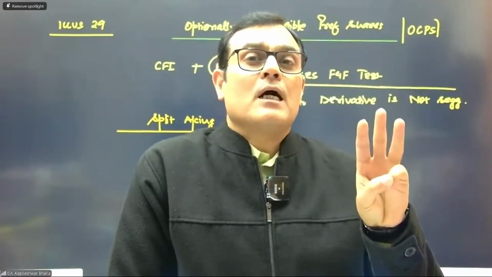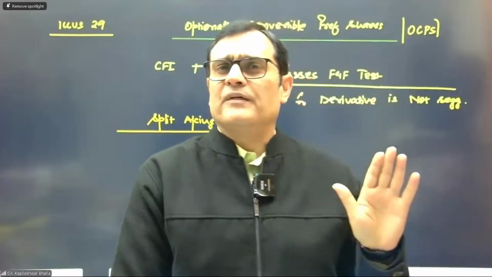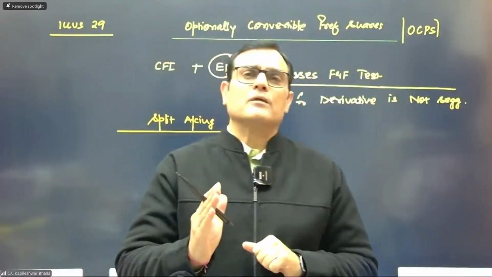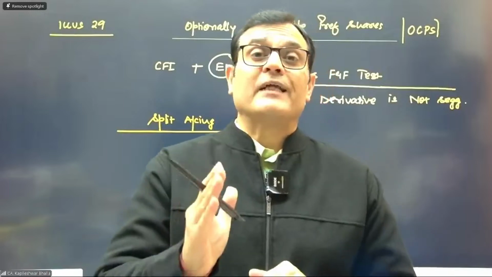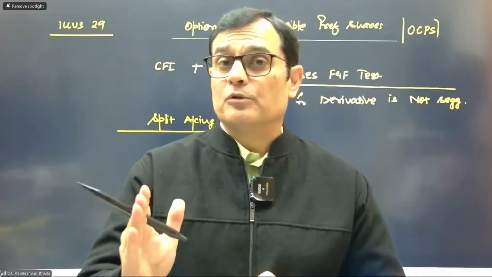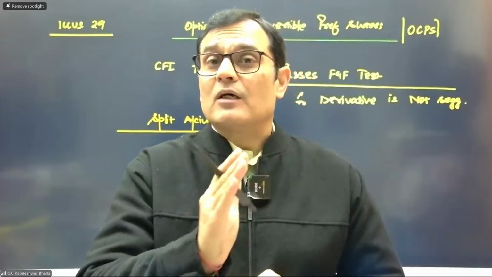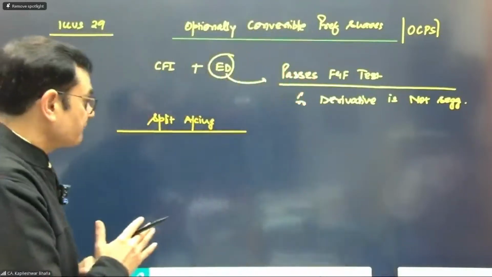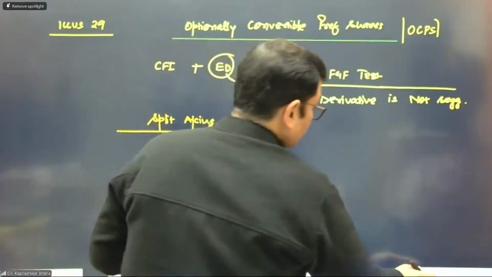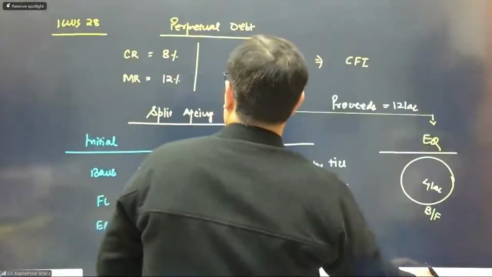Number three, accounting for the equity component. So these three agendas need to be very clear: how the split accounting is done, what rate of discount you're going to consider, how the financial liability element is going to be accounted over the years, and how the equity component is to be done. If you're clear on these three agendas, the accounting for CFI is very much clear. So again, in terms of the proceeds, I need to go back to the proceeds.